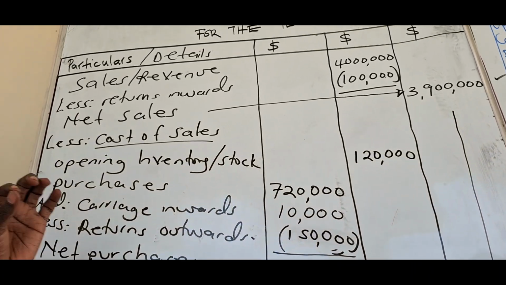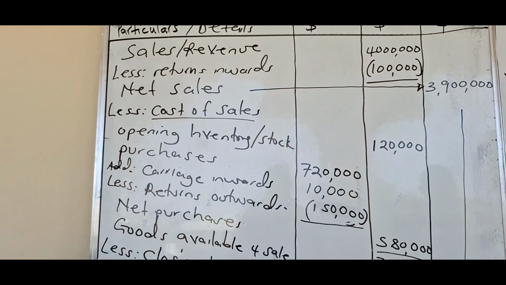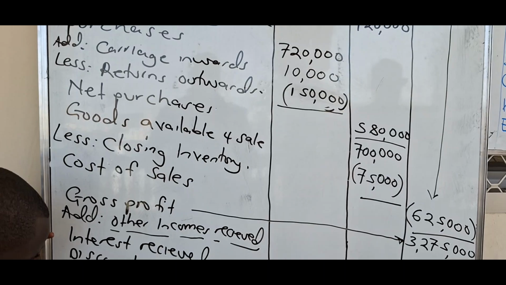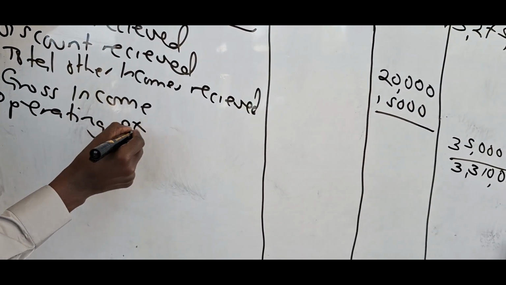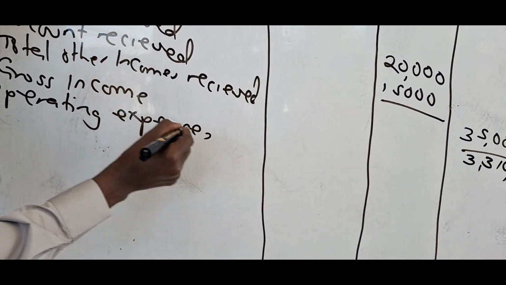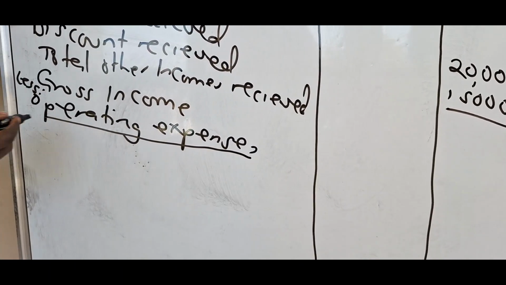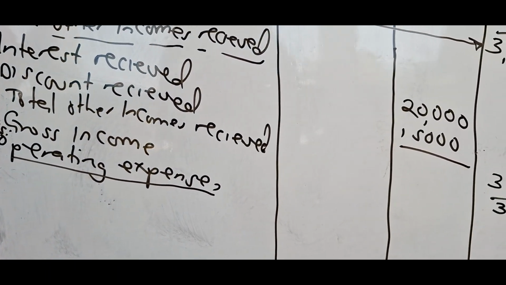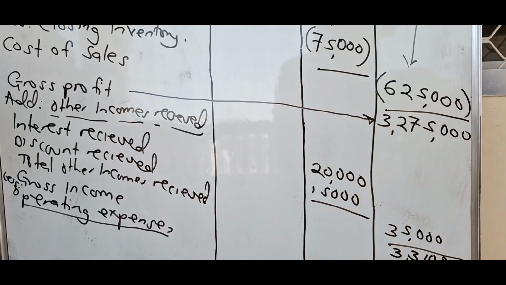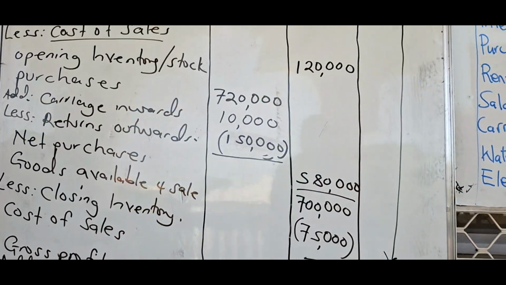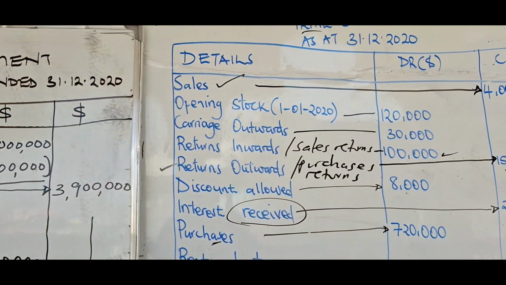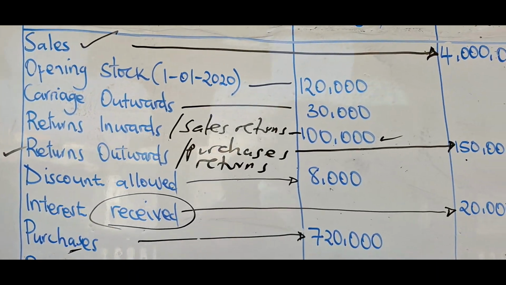You go and check what we call operating expenses. What you do with operating expenses is subtract them, less operating expenses. Any expense you incur to run the business. I talked about salaries and wages, rent, water bills, among others.